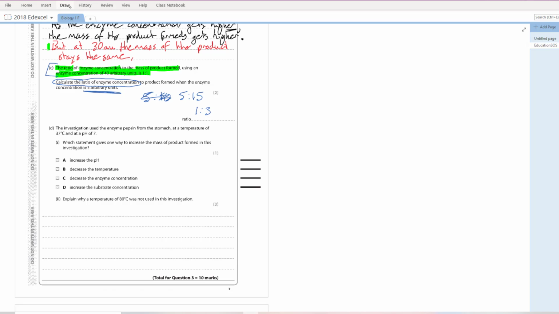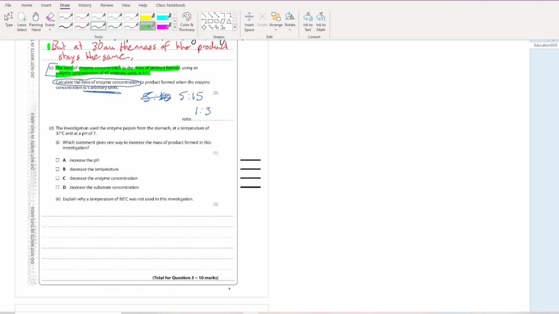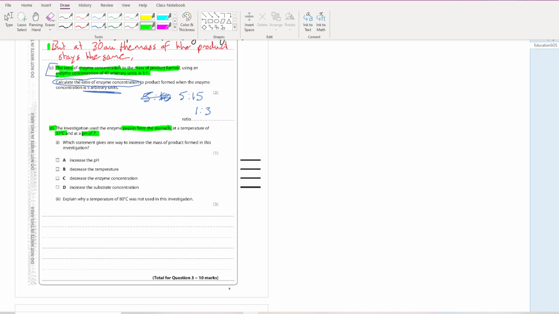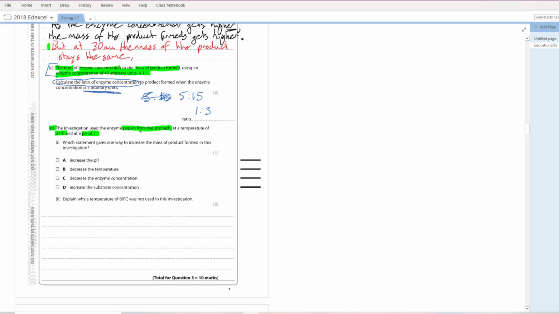So the next part of the question, question D, again there's a lot of information given here. So the investigation used the enzyme pepsin from the stomach at a temperature of 37 degrees and a pH of 7. Which statement gives one way to increase the mass of the product formed in this investigation? Now the key thing from this is it says pepsin from the stomach.